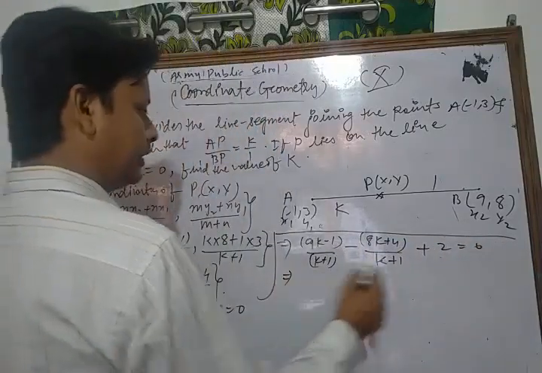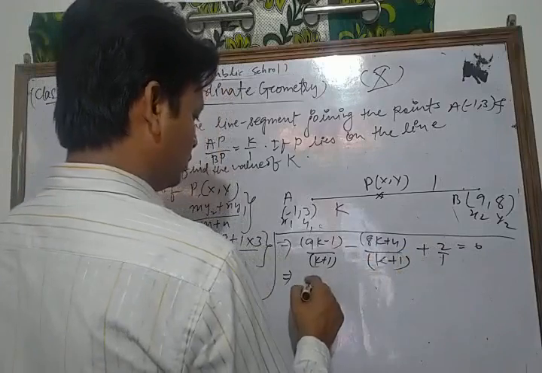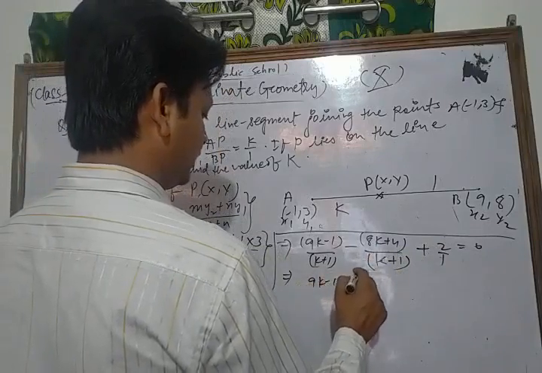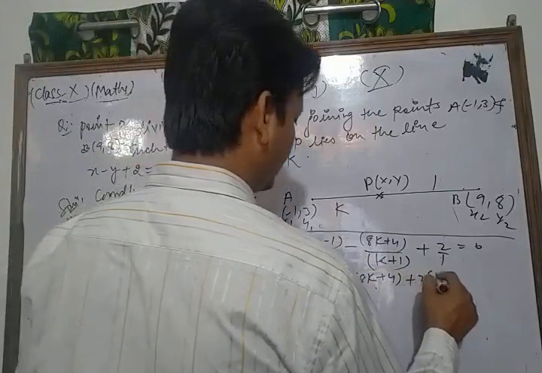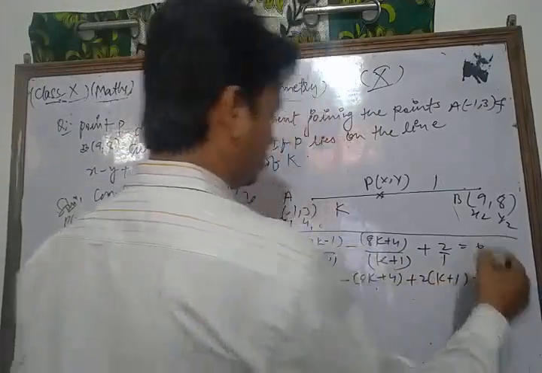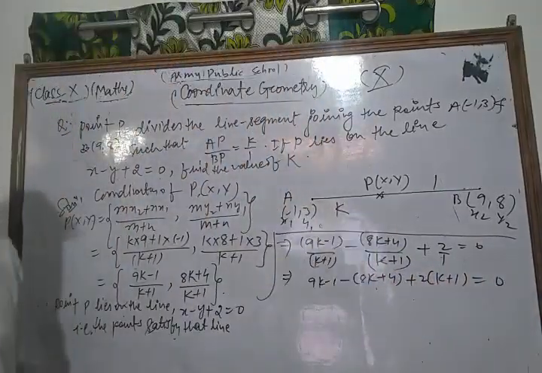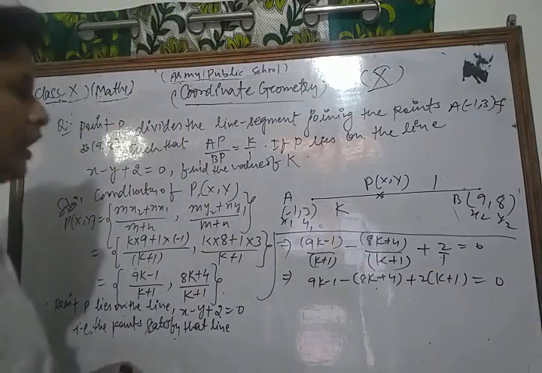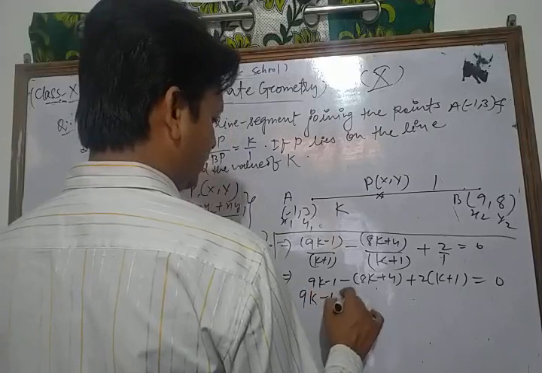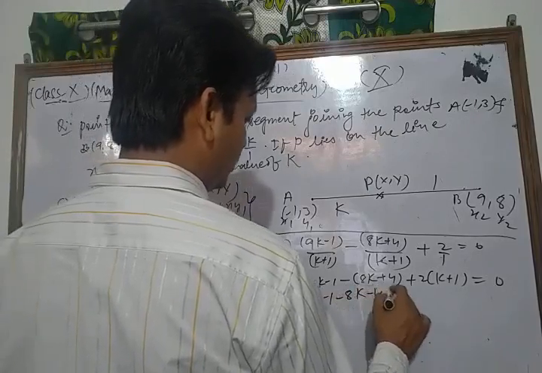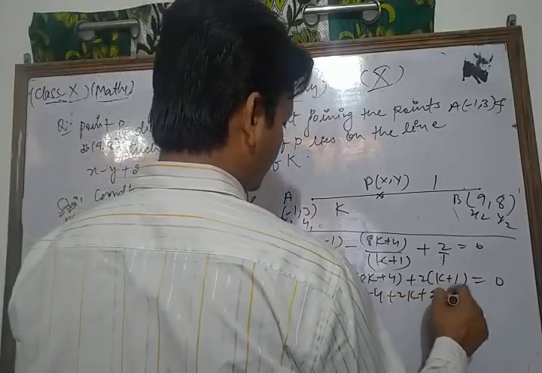Now we simplify them. We take k plus 1 as the LCM. So this is 9k minus 1 minus 8k plus 4 plus 2 times k plus 1 is equal to 0. We cross multiply k plus 1, then we get 0. Now from there we simplify them: 9k minus 1 minus 8k minus 4 plus 2k plus 2 is equal to 0.